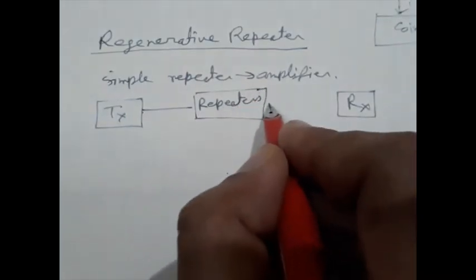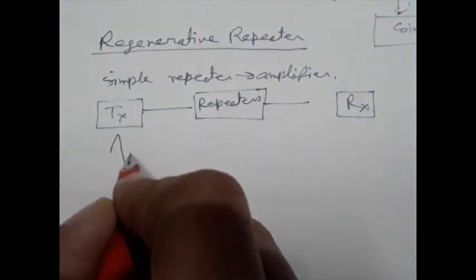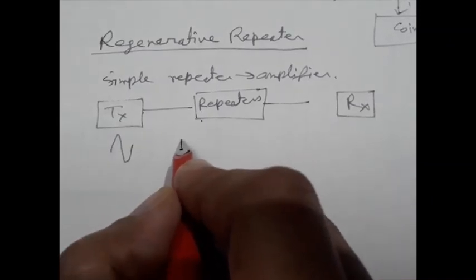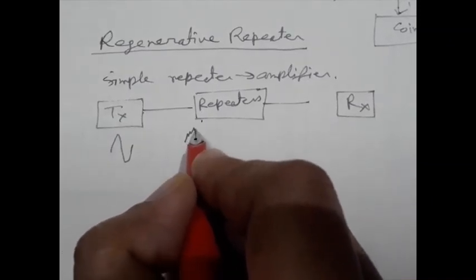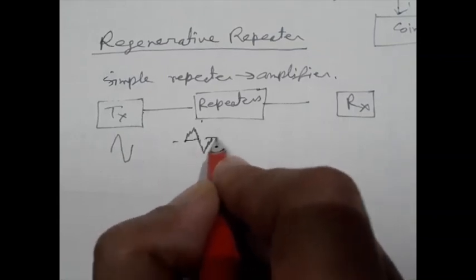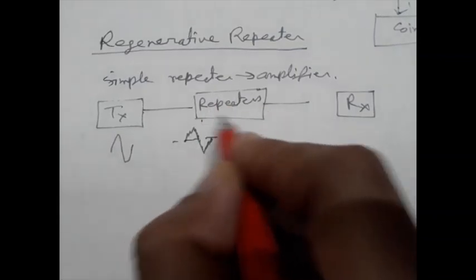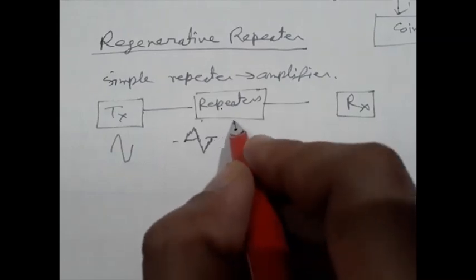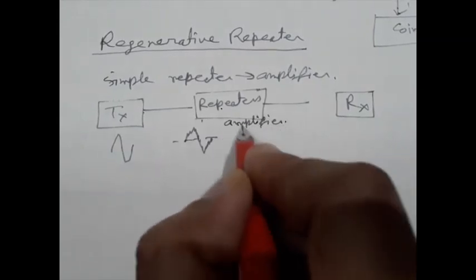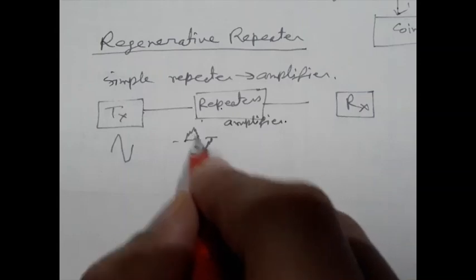If we have a very good quality signal like this at the transmitter, here it may be affected by noise. But a repeater in the analog domain is nothing but an amplifier. So it will amplify this signal along with the noise.